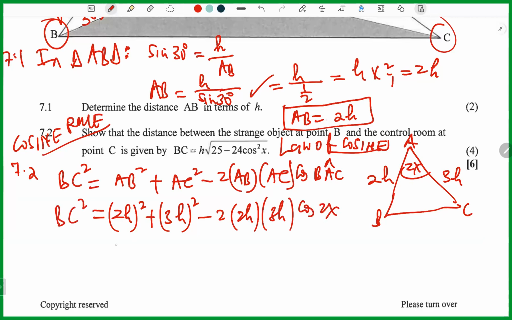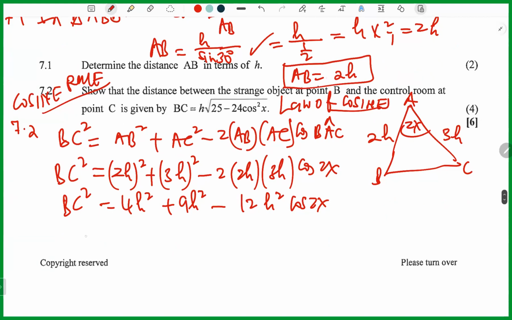BC squared, you square these, it becomes 4h squared plus 9h squared minus 2 by 3, 6 by that, it's 12h squared. All right, so this is BC squared.